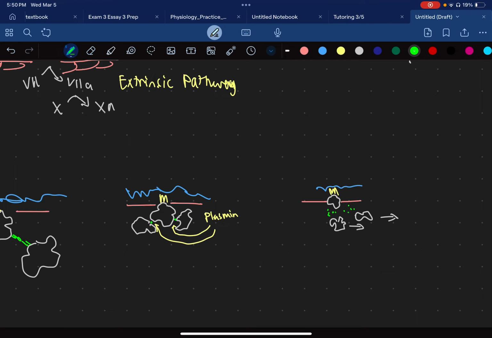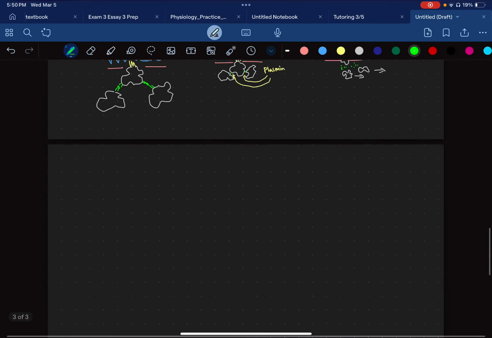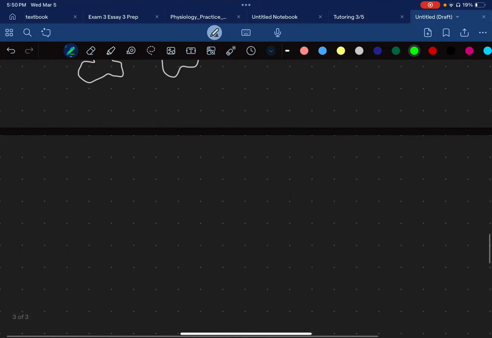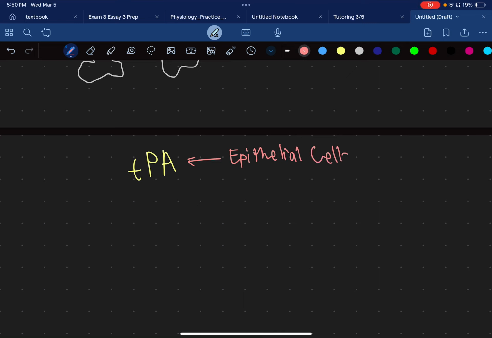Plasmin is made from plasminogen by something called TPA. TPA is going to be produced from epithelial cells in the presence of fibrin.